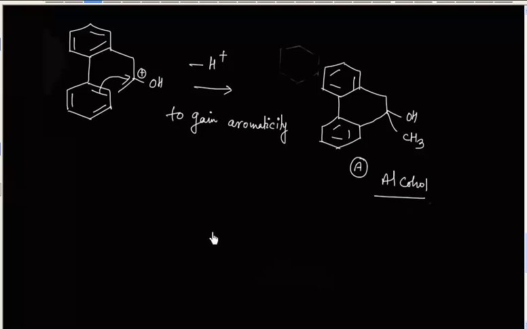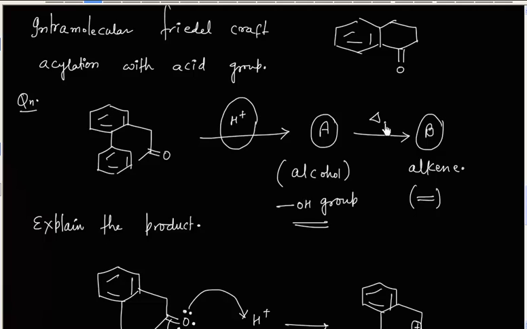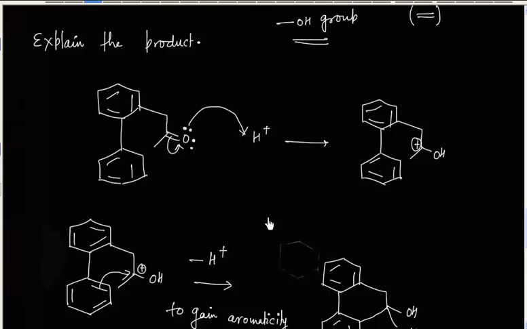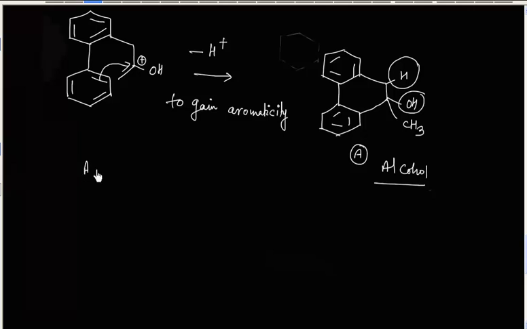Now the next step is dehydration. Basically it should be heated in the presence of acid. So next step is dehydration of alcohol. If I do dehydration of alcohol, that is I have to lose H plus and OH minus, it will generate a double bond. So second step, that is A to B, is simply dehydration of alcohol.